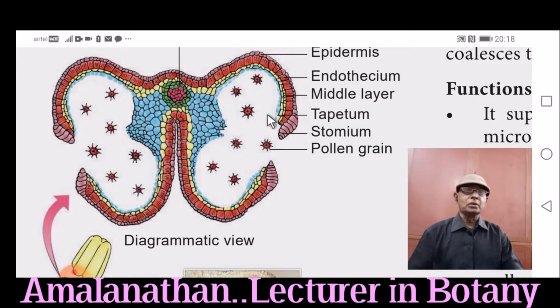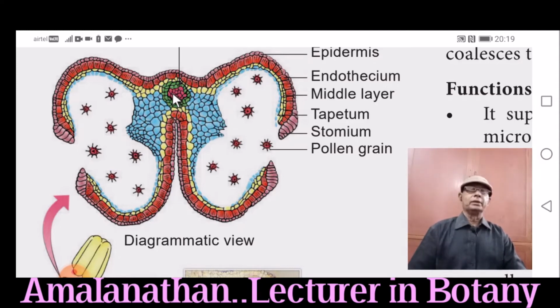Inside the anther wall, the tapetum encloses a cavity, and that is the anther cavity. In the anther cavity only pollen grains are produced. The third one is connective. Connective is a special type of tissue that connects the 4 sporangia together.